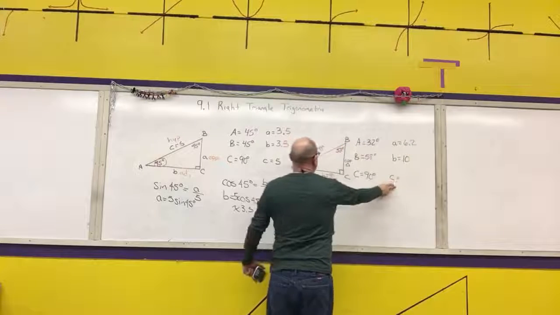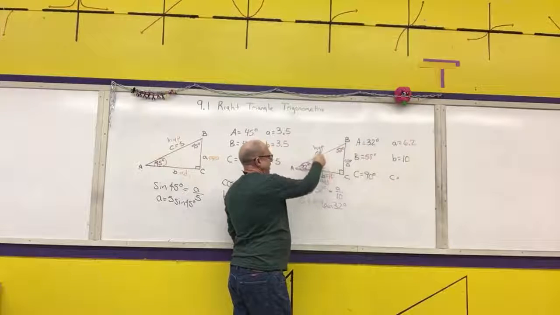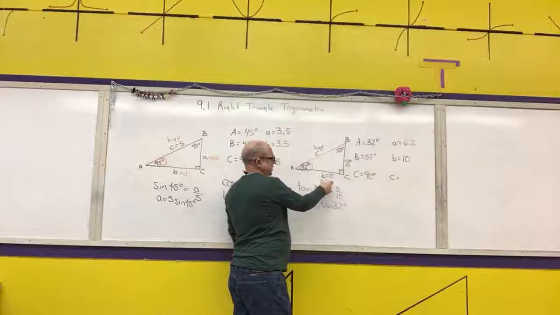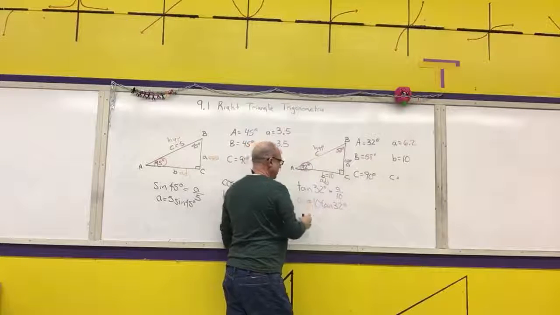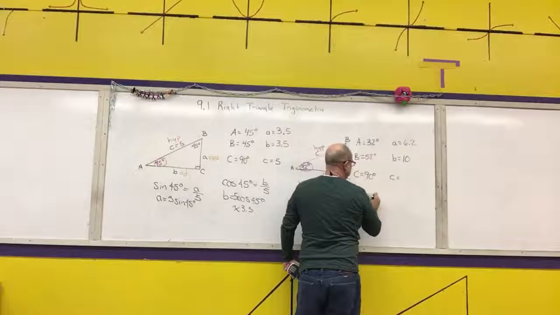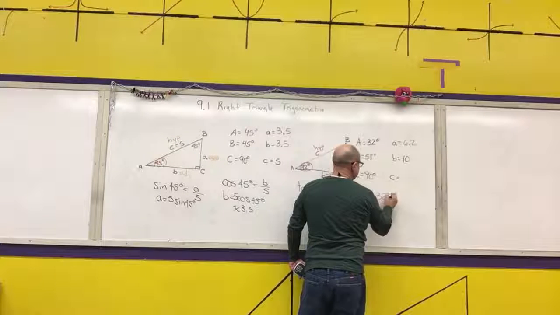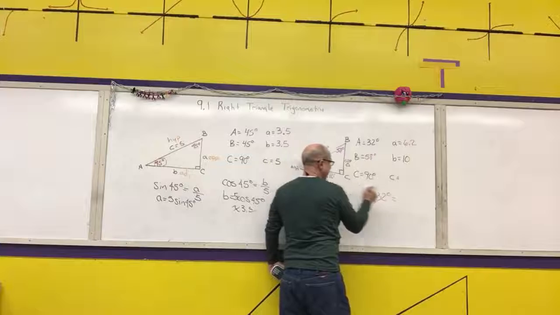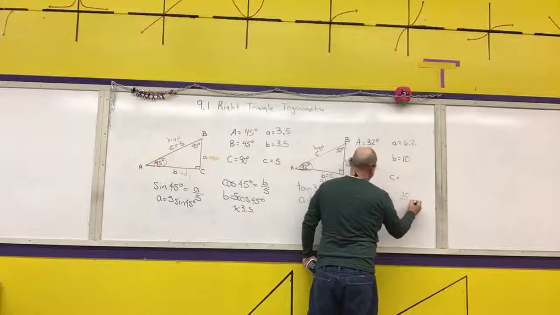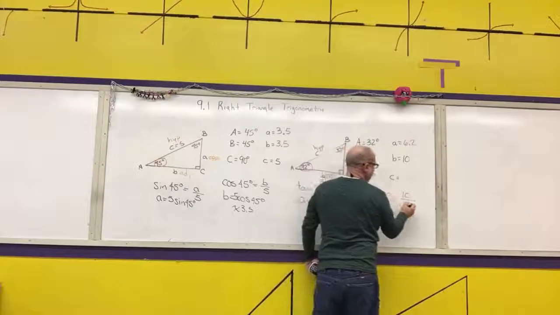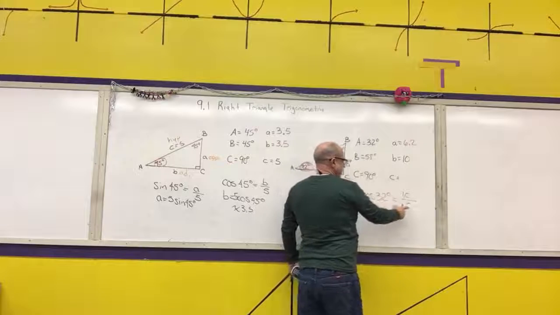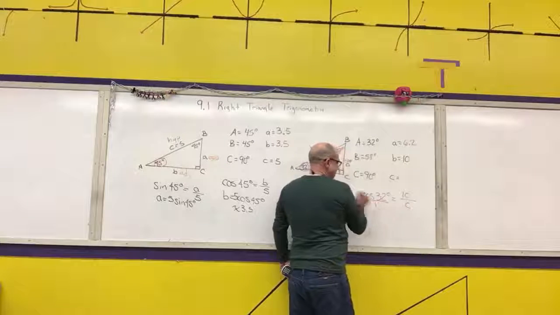I do the same thing with C. I have a hypotenuse. I was given the adjacent. The trig function that has adjacent and hypotenuse is cosine. So I know that the cosine of 32 degrees is adjacent 10 over the hypotenuse, which is C. Think of this as a proportion.